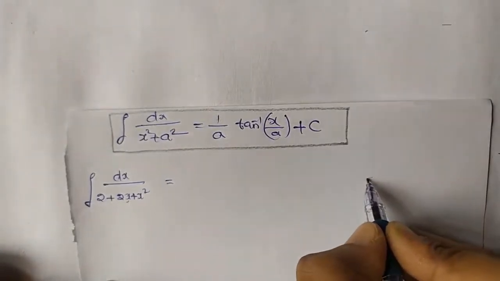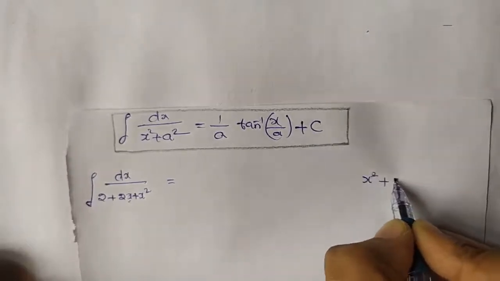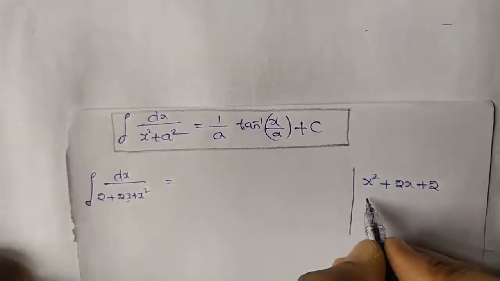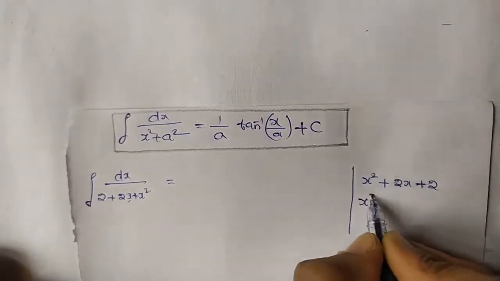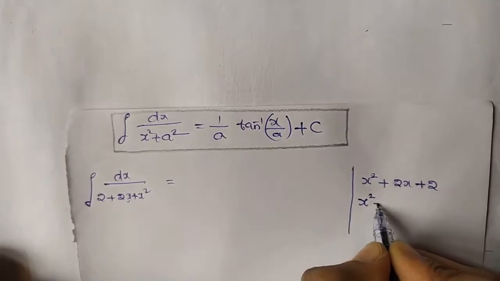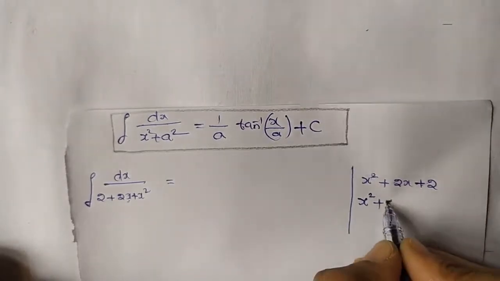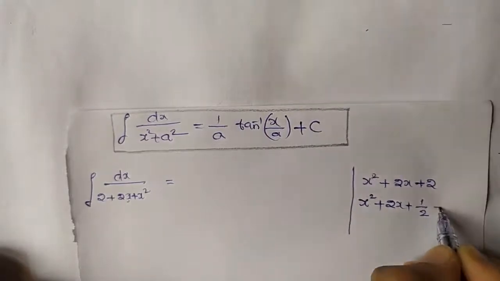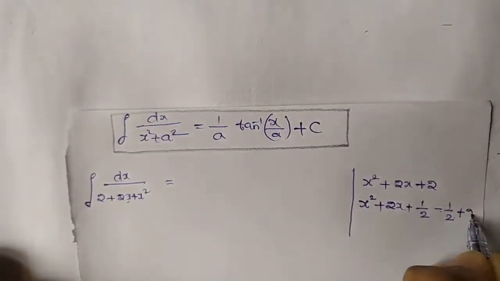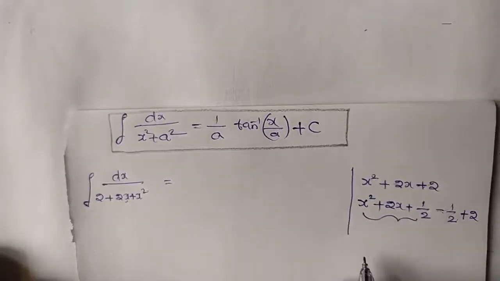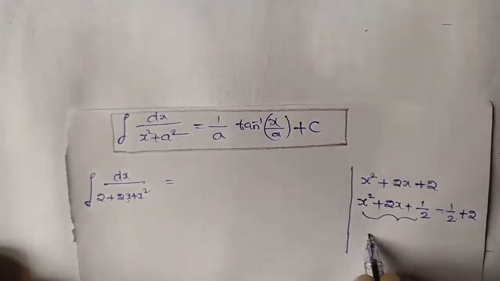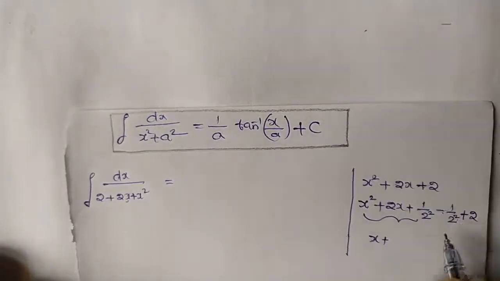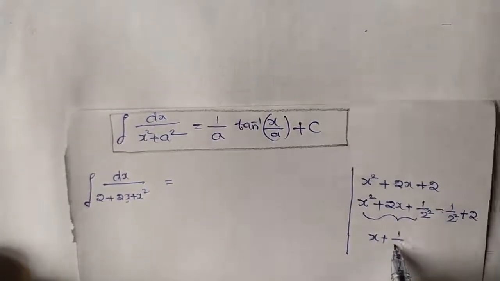So x square plus 2x plus 2 can be written in the form of a plus b whole square: x square plus 2x plus 1 by 2 minus 1 by 2 plus 2. This can be written as x plus 1 by 2 whole square.